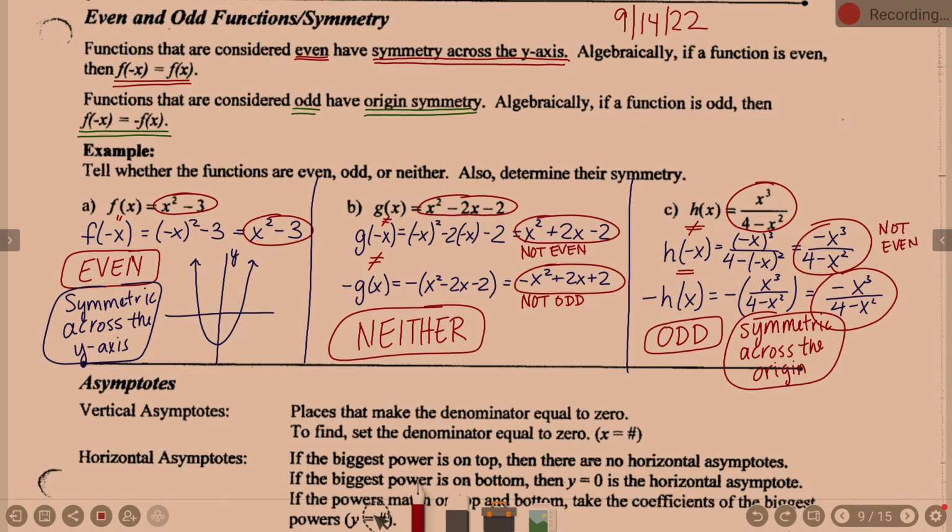Remember to do a fraction bar, or put that whole denominator in parentheses. Okay. So, this lovely example is an example of symmetric across the origin.